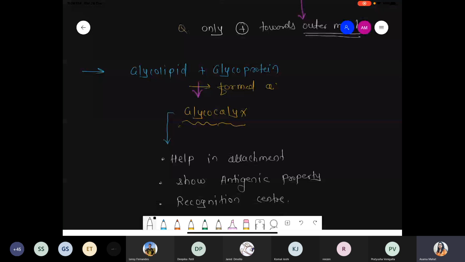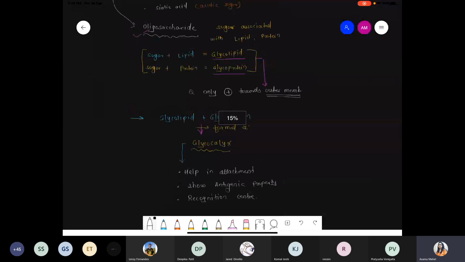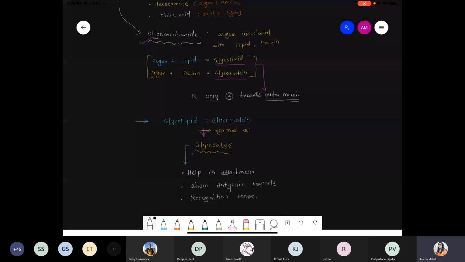So please remember one point with respect to oligosaccharide: these are sugars associated with lipid and protein. Glycolipid and glycoprotein collectively form a layer of glycocalyx. We saw this in the kingdom Monera. Glycocalyx helps in attachment, shows antigenic property, and acts as a recognition center. Got it? Clear?